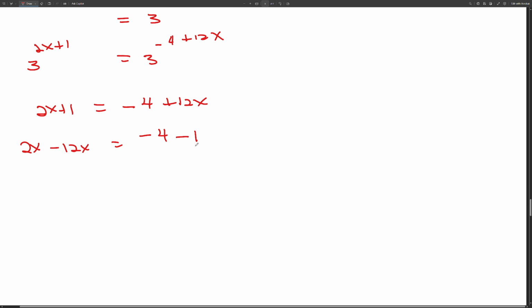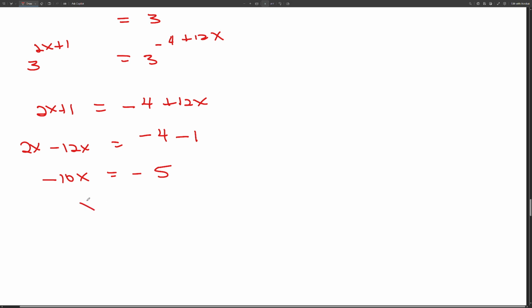So 2x minus 12x, that's negative 10x. That's equal to negative 4 minus 1, that's negative 5.